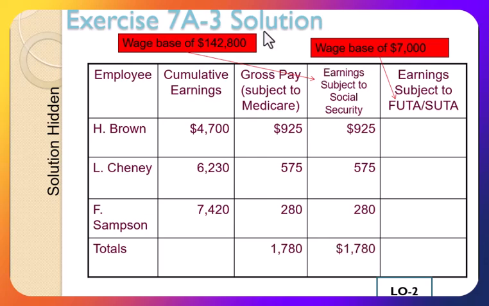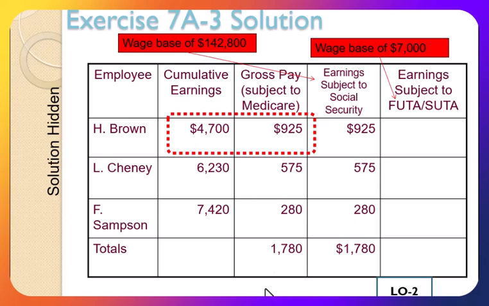Now it gets a little bit trickier. We need to calculate the earnings subject to the FUTA and SUTA. Remember in this problem, the wage base for both of those is 7,000 each. So let's take a look at Brown. If you add up his 4,700 plus 925, it is definitely under $7,000.